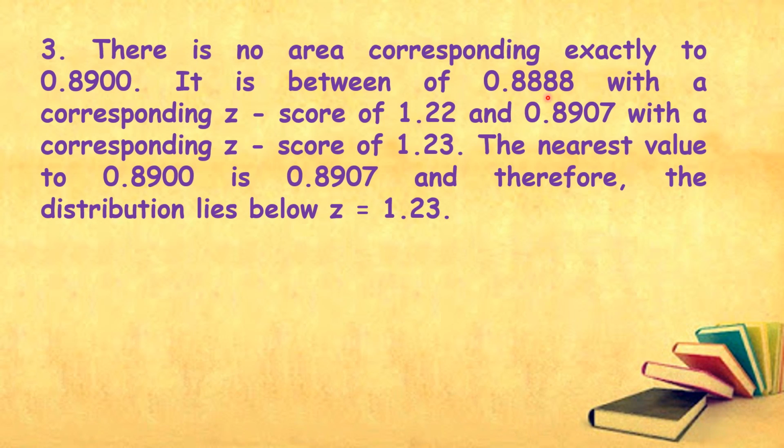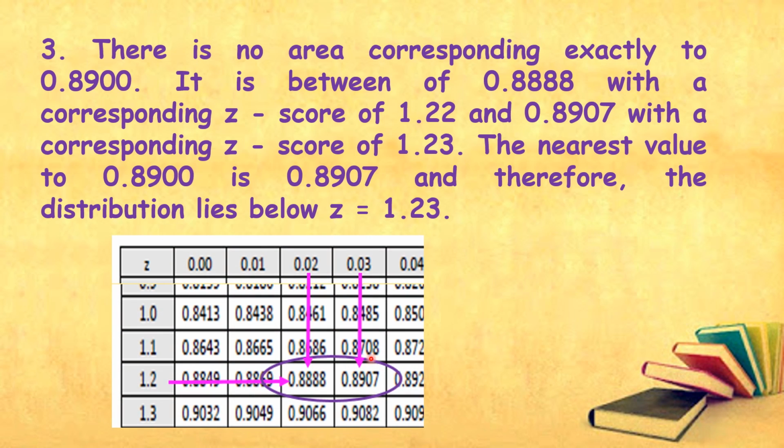So, dito sa kanilang dalawa, ang pinakamalapit sa 0.8900 ay yung 0.8907. And therefore, the distribution lies below z equals 1.23. Ayan siya. Mas pipiliin natin yung 1.23 kasi mas malapit siya sa 0.8900.